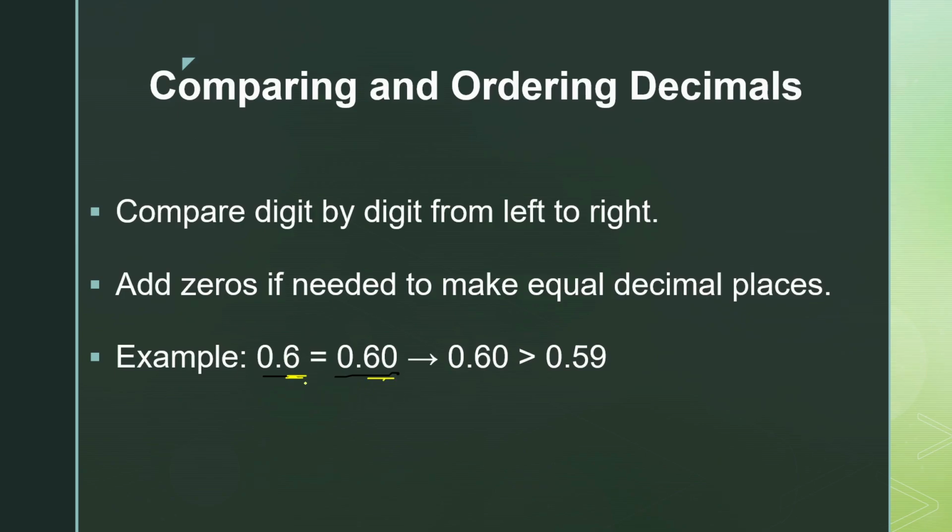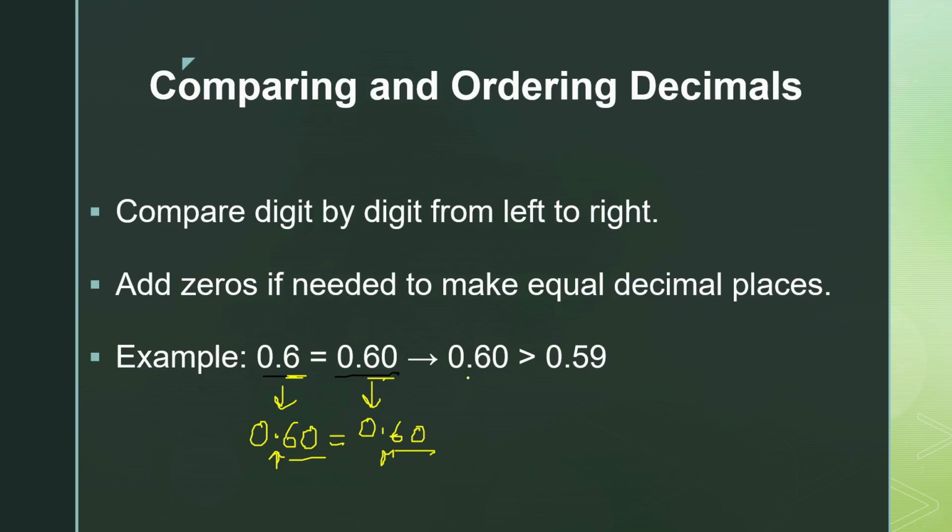So first we are going to make them like decimals by adding a placeholder 0. If we add a 0 to this number, it becomes 0.60. And this number is already 0.60. So this time we'll forget about the decimal point and compare the two numbers after it, that is 60. Since both of them are equal, we'll put the equal to sign.